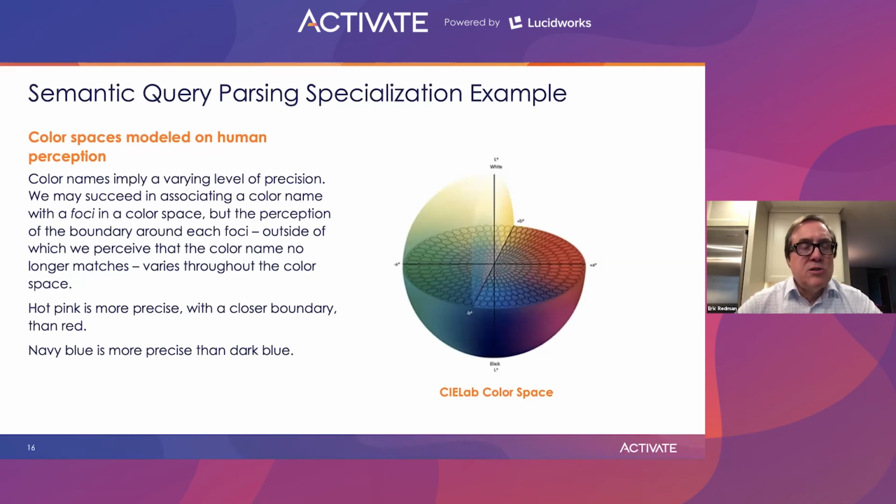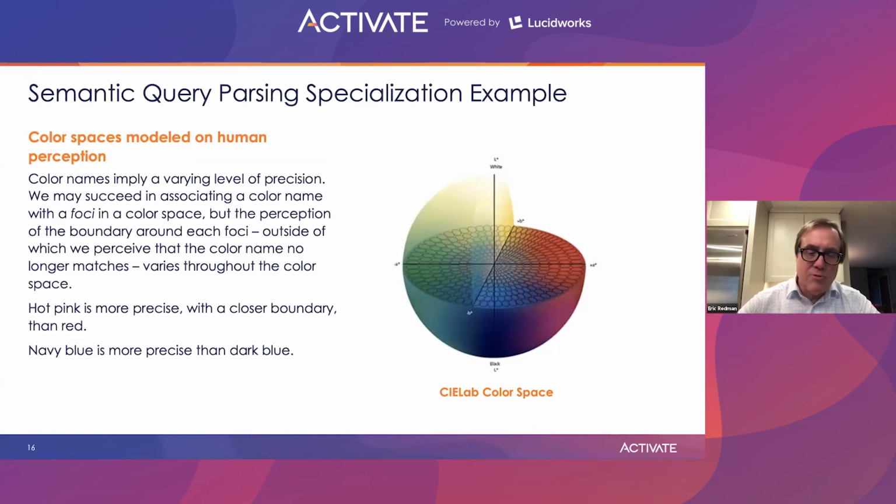Just to give a couple of examples, hot pink is more precise with a closer boundary. If we locate hot pink in this model, we can't go very far away from it before people start saying, no, that's not hot pink. But red has a much wider boundary.